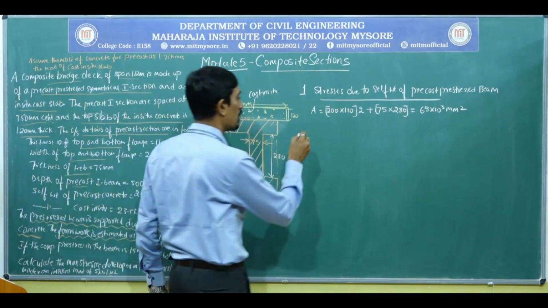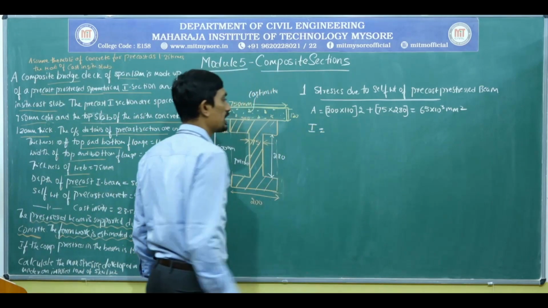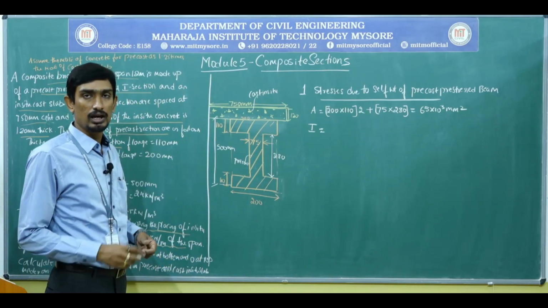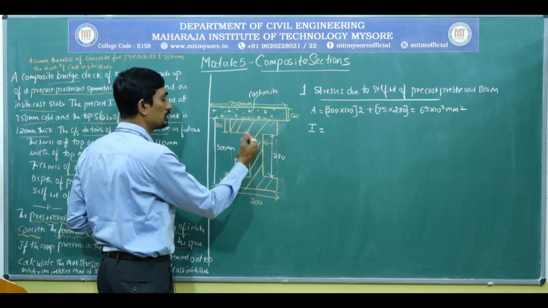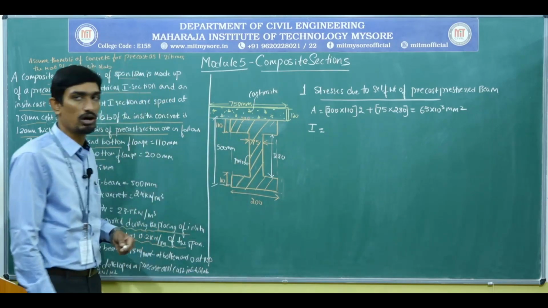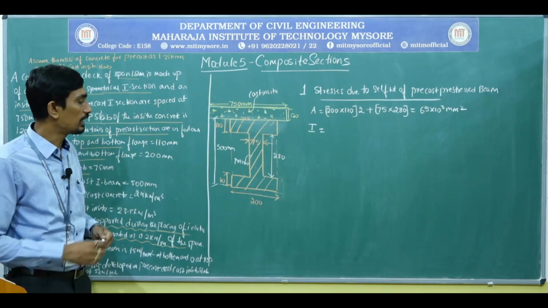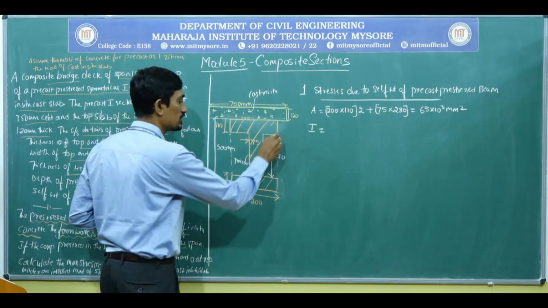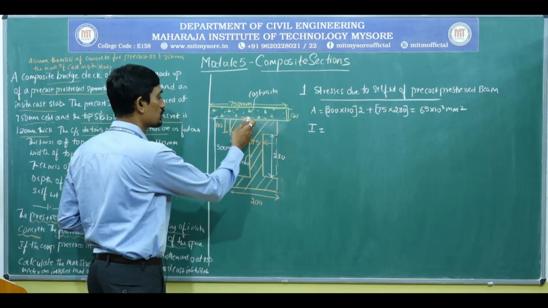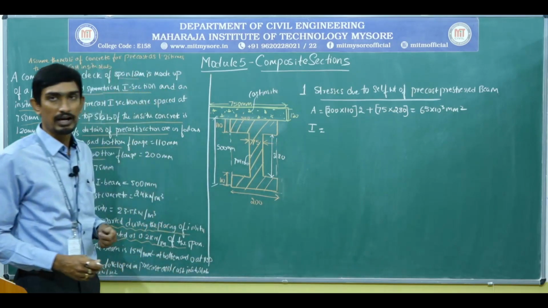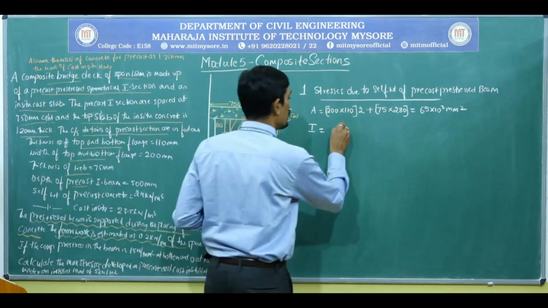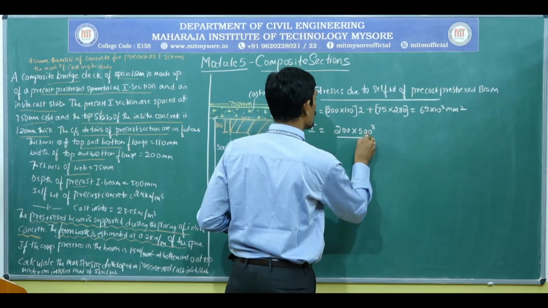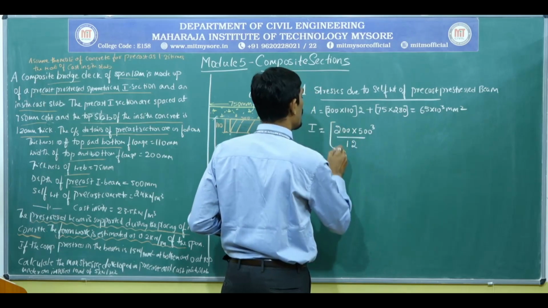Next, moment of inertia I. When a symmetrical I section comes, you can divide it into 3 rectangles and solve, or else you can directly consider the total rectangle, that is 200 into 500, BD cube by 12, so 200 into 500 cube by 12.